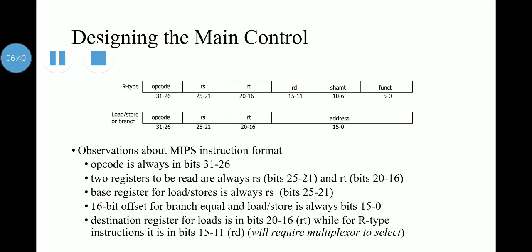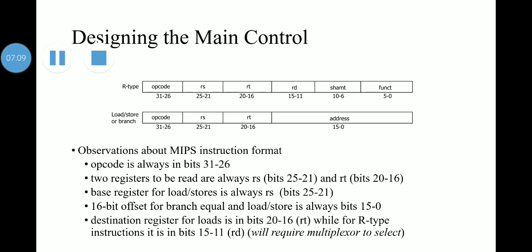The two registers to be read are always specified by the RS and RT fields at positions 25 to 21 and 20 to 16. This is true for the R-type instructions, branch equal, and store. The base register for load and store is always RS, that is 25 to 21. The 16-bit offset for branch equal, load, and store is always in positions 0 to 15.